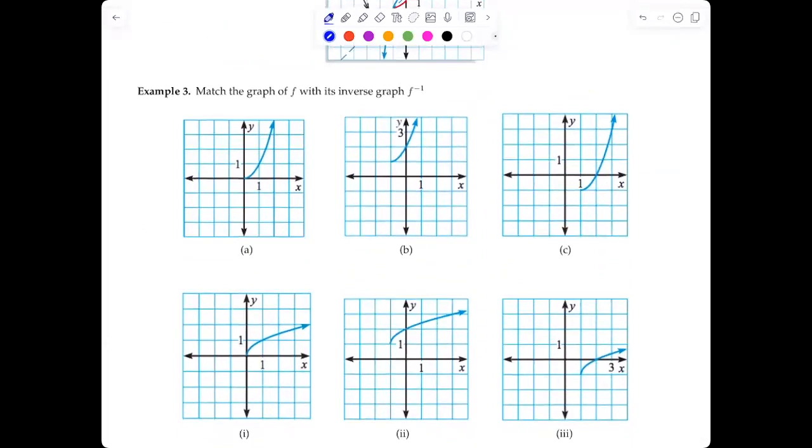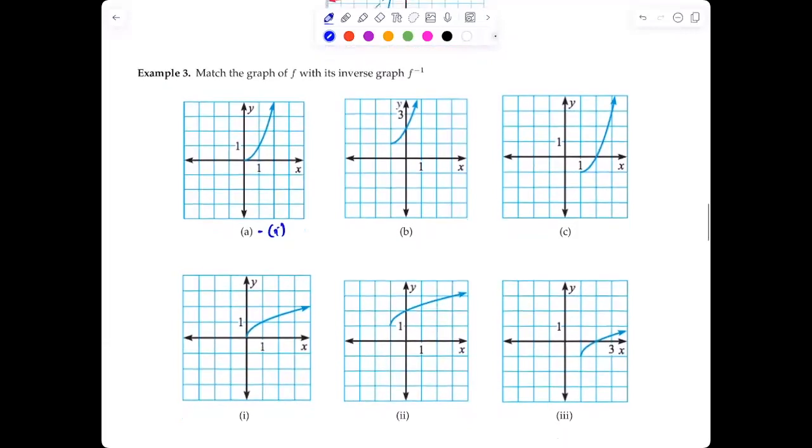All right. So what is A corresponding to? What do you think? Yes. This one, number one, I. Okay, so A goes with I. What about B?